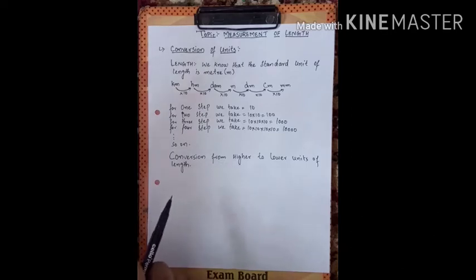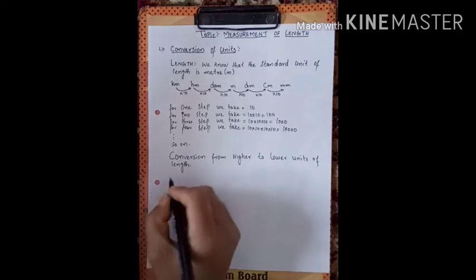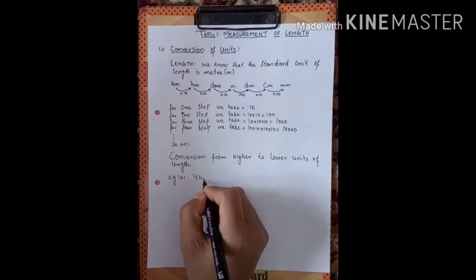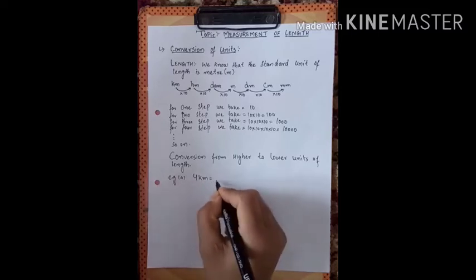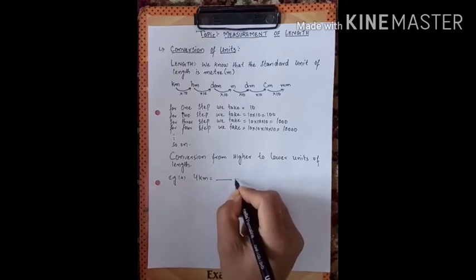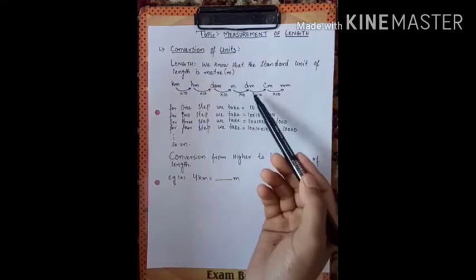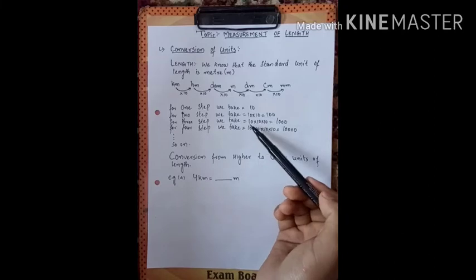Now we know that when we move from higher to lower units of length, we always multiply. For example, 4 kilometer, and I have to convert this 4 kilometer into meter. First I will try to make a relation between kilometer and meter with the help of this chart and these rules.